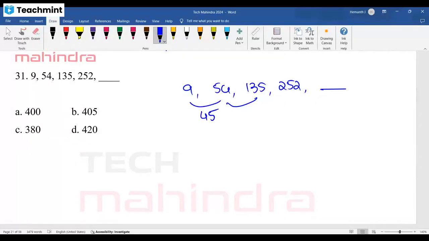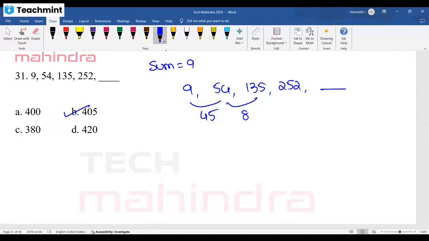Then what's the difference? Some people said, sir, this option, because the sum of digits is 9. Everything sums to 9. Here 9, 5 plus 4 is 9, 1 plus 3 plus 5 is 9, 2 plus 5 plus 2 is 9. 9 is available only in this way. That also is fine. Good logic. You have different ways. And if you take the difference, what's the difference here, dear? 81.